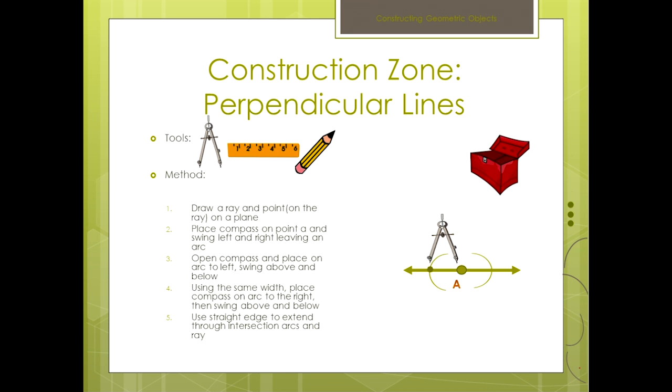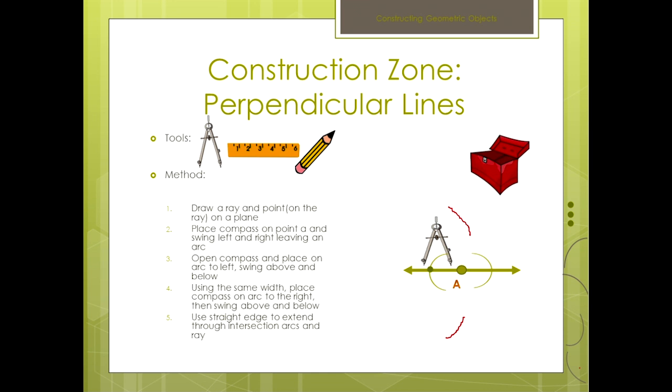And actually, this time, instead of swinging left and right, we're going above and below. So here, we're going to make an arc above, and we're going to make an arc below. And we're going to make sure they extend long enough so that way we can ensure that they intersect.